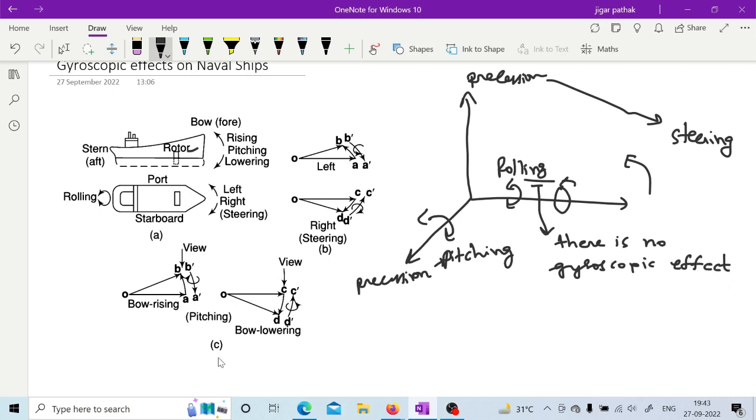So there is no gyroscopic effect in this particular case, right? This is how you can have different precession axes when you are discussing this ship.